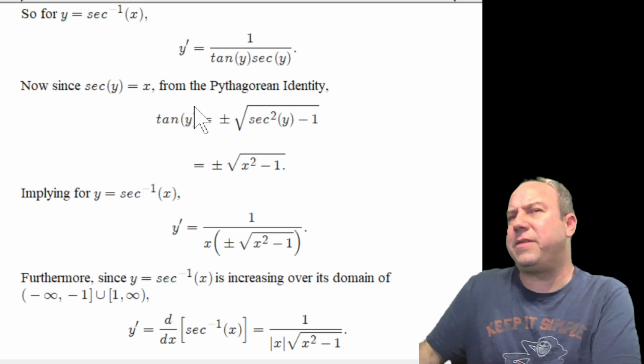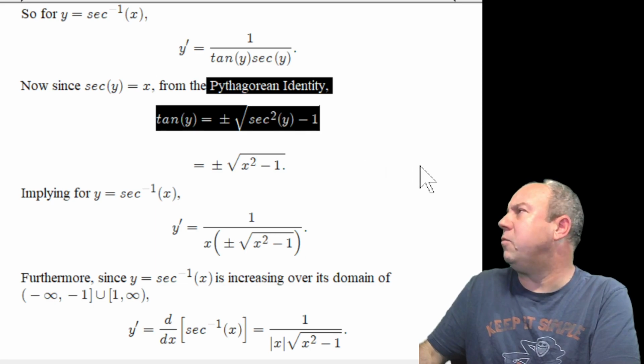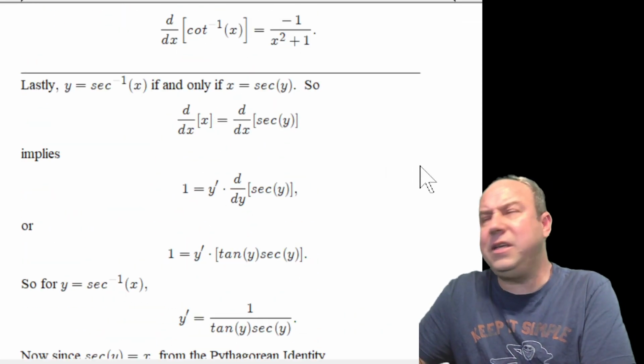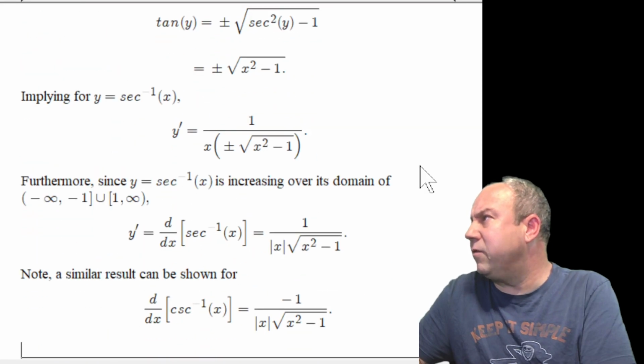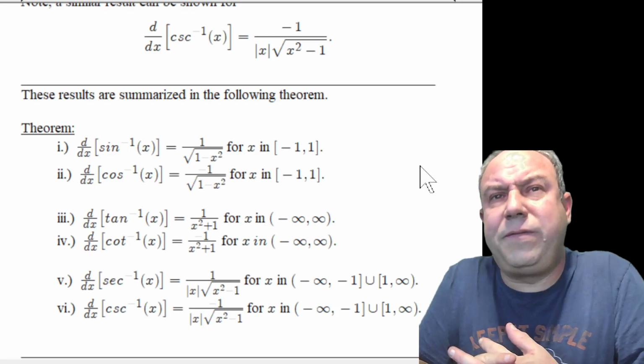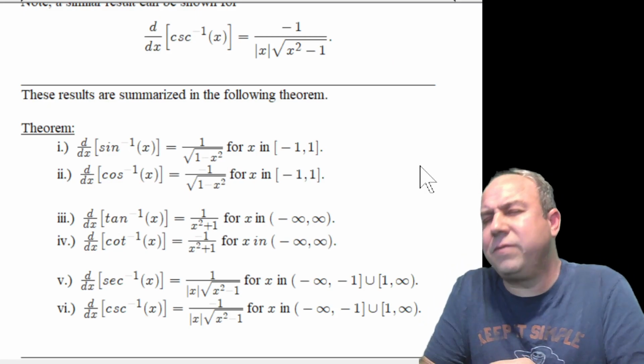There's also a little Pythagorean identity in there that helped us along the way. Take note. All right? But these are the derivative results for the 6 inverse trigonometric functions.